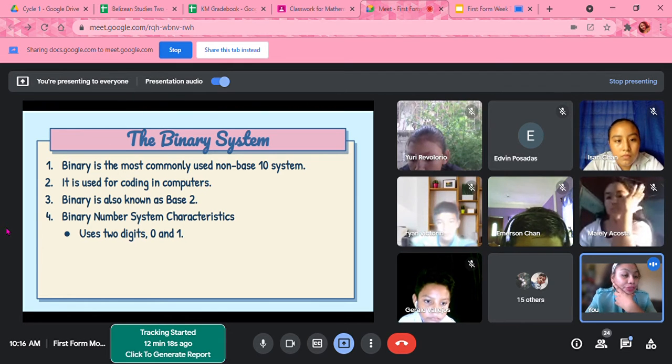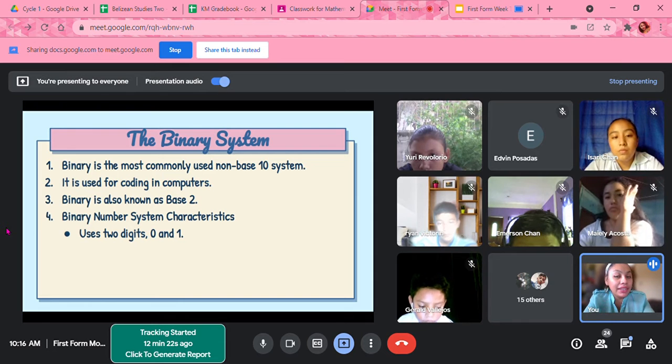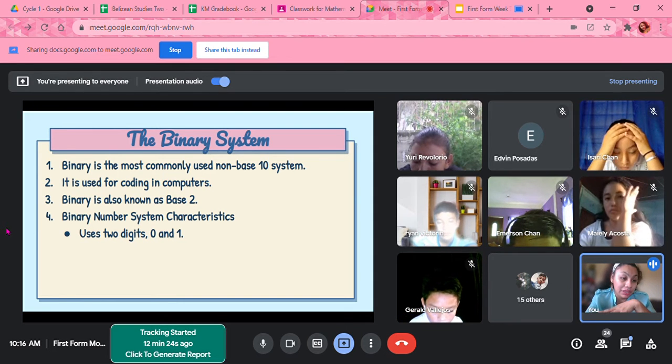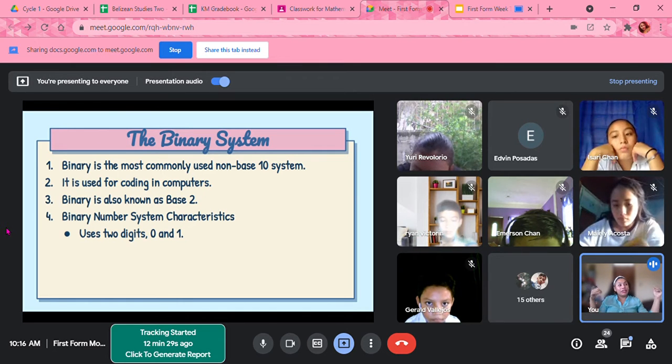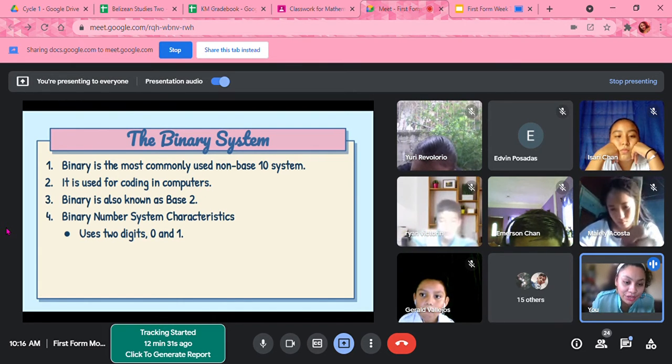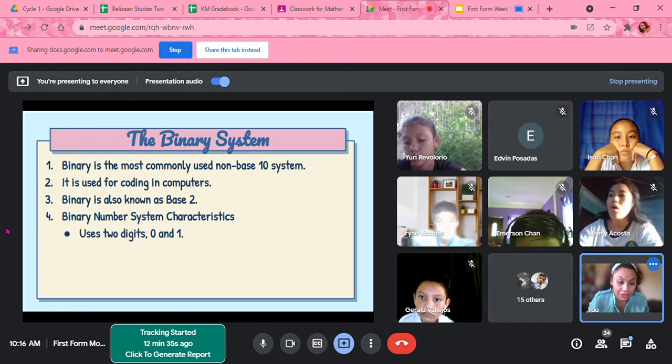And the first 2 numbers are 0 and 1. So binary only uses zeros and ones. So if you see a binary number, it's going to be 11100101001. That's how a binary number looks. Only ones and zeros. Alright?